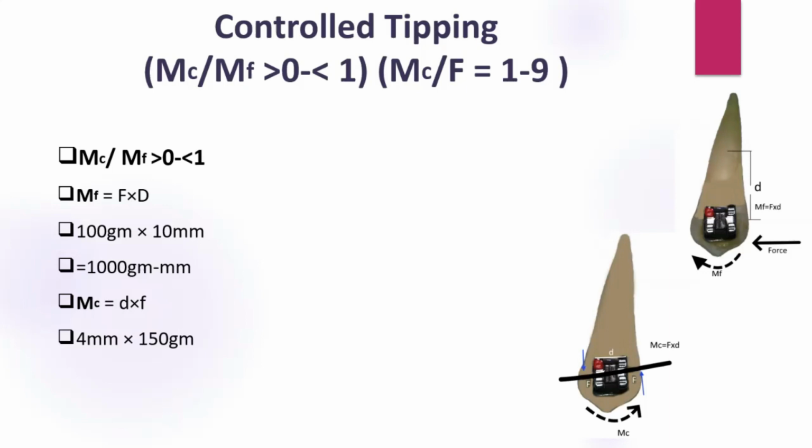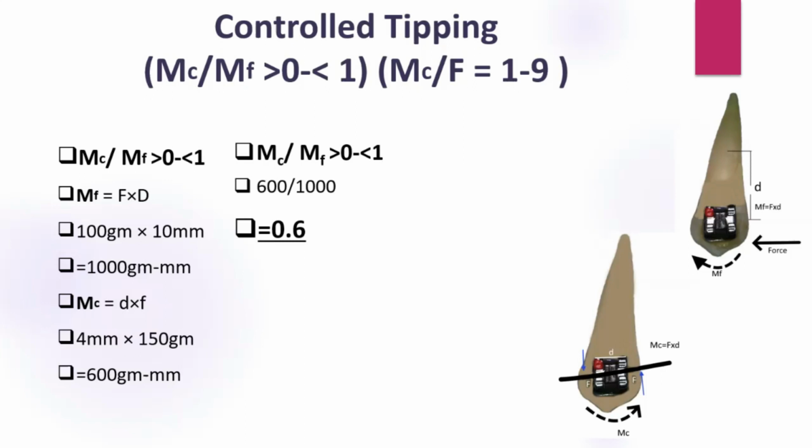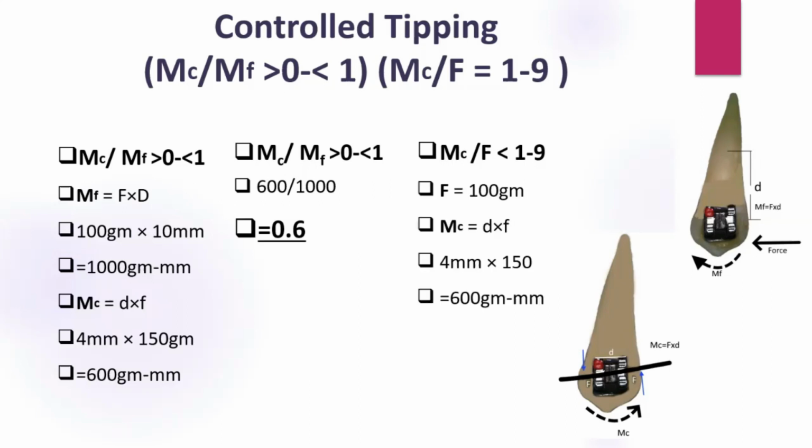So the moment of couple in this example is 600 gram millimeter, which is less than the moment of force, and the overall result for moment of couple to moment of force is 0.6. So controlled tipping would occur in this case. For moment of couple to force ratio, the moment of couple is the same, that is 600 gram millimeter, and as the force is 100 gram, moment of couple to force will become 6, or 6 millimeter.